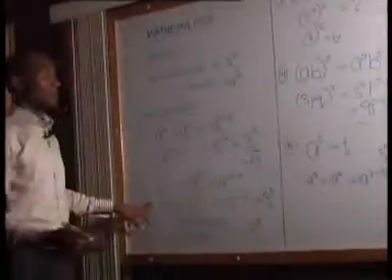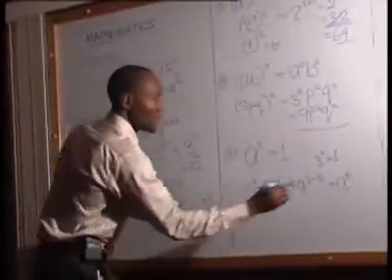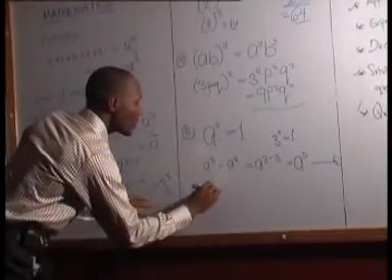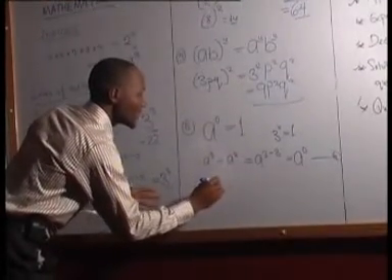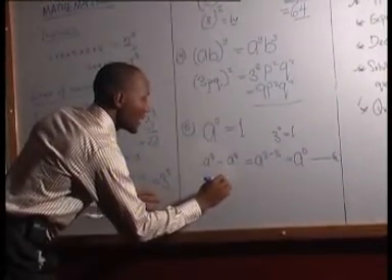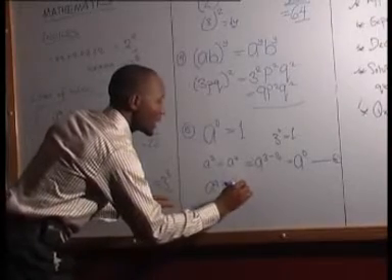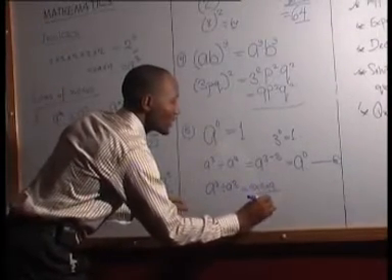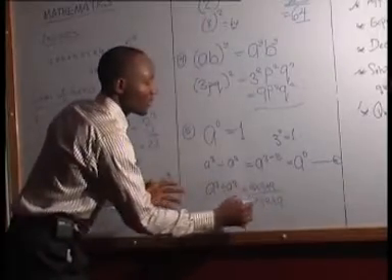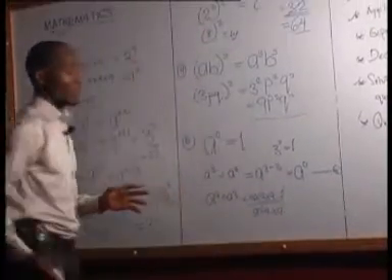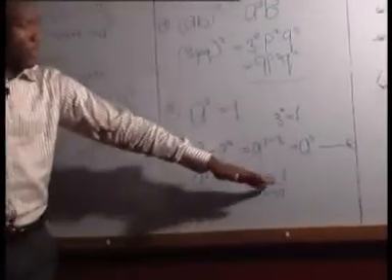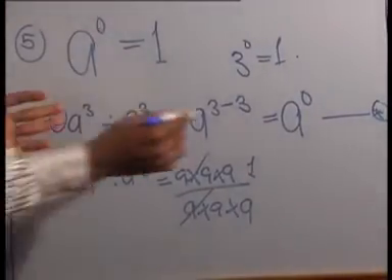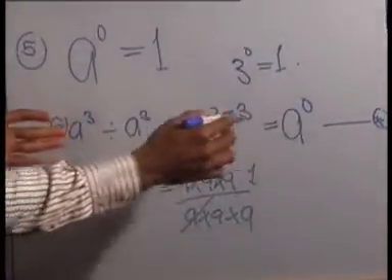Are we there? Yes. But then, let's call this one star. But then, a raised to power 3 divided by a raised to power 3 is like a times a times a over a times a times a. All this will cancel one another and you have 1. So this first a raised to power 3 divided by a raised to power 3 gives us a raised to power 0 here.